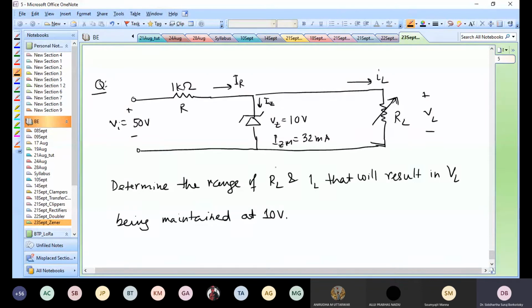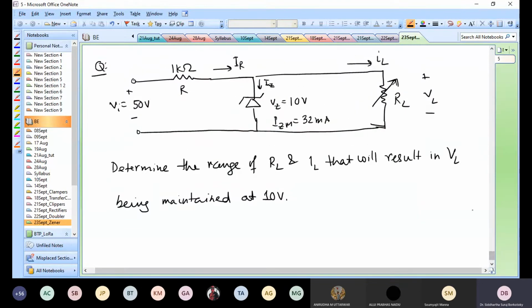This is the standard design problem, because when I'm designing a voltage regulator, I want to find out what range of load resistances I can use, because I have to tell that to the customer. The customer will have to make sure that he or she does not supply something more. So that is the question.